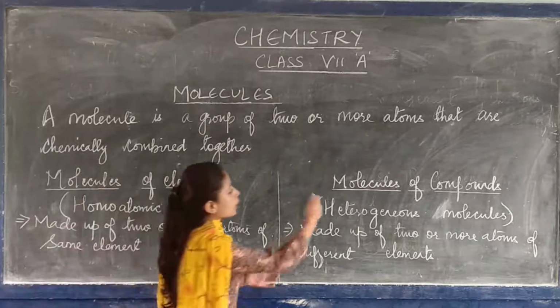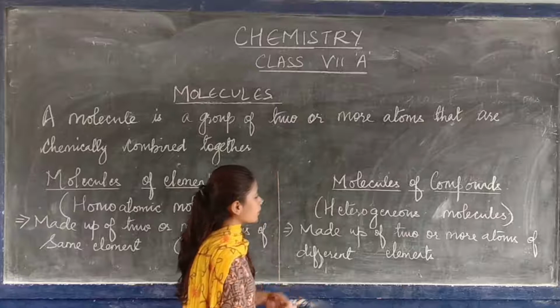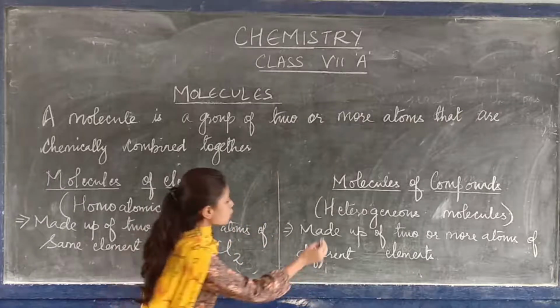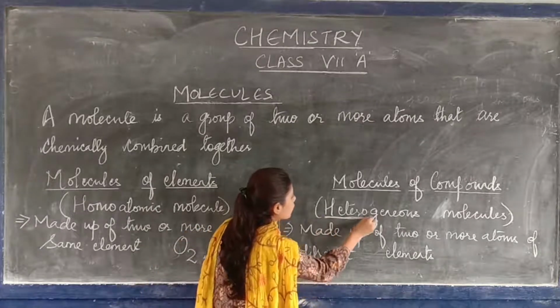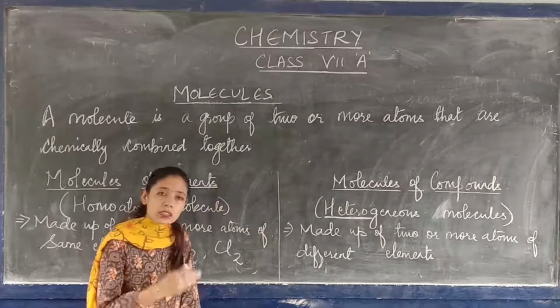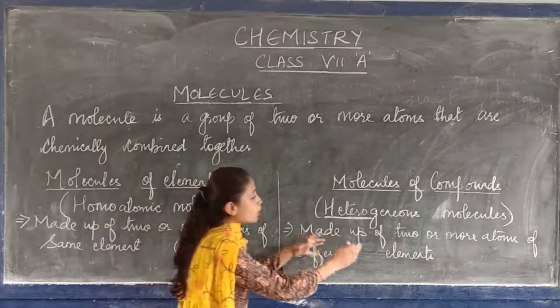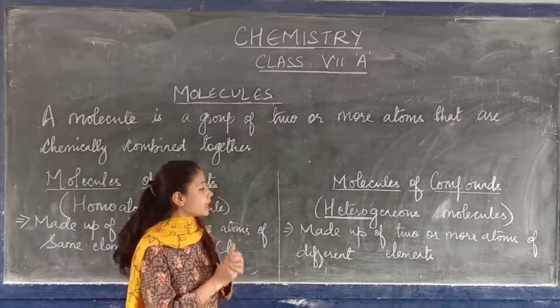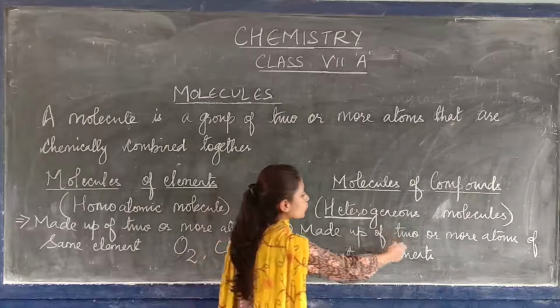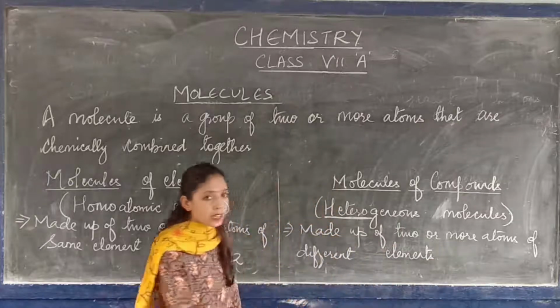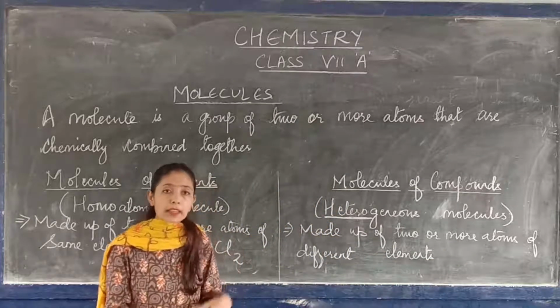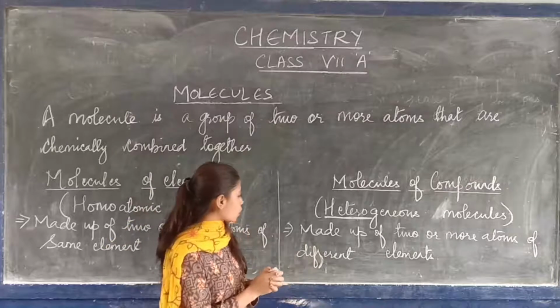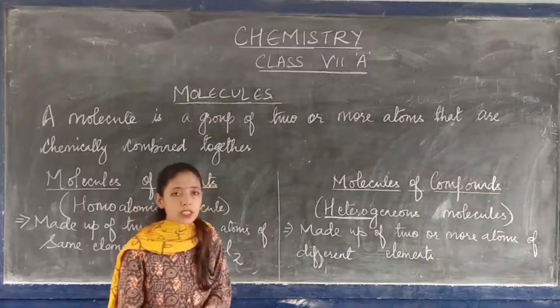Now next, molecules of compounds, or heterogeneous molecules. I have already told you the meaning of hetero is different. So here the molecules are formed by atoms of different elements, made up of two or more atoms of different elements. When a molecule is formed by different elements, that is called a heterogeneous molecule.